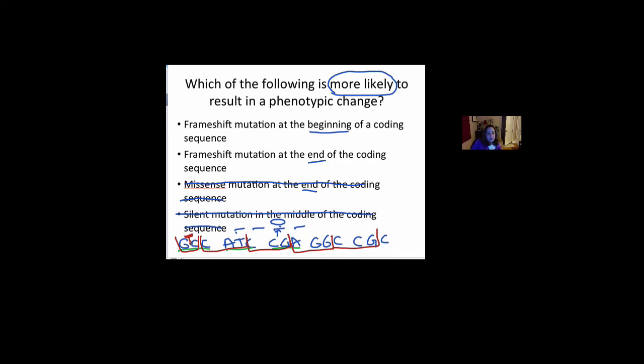So when you have this type of frame shift mutation at the beginning of a coding sequence, from the frame shift all the way down, you can get completely different amino acids. So this answer, the frame shift at the beginning, is going to be the most likely type of mutation to generate a phenotypic change out of these answers.